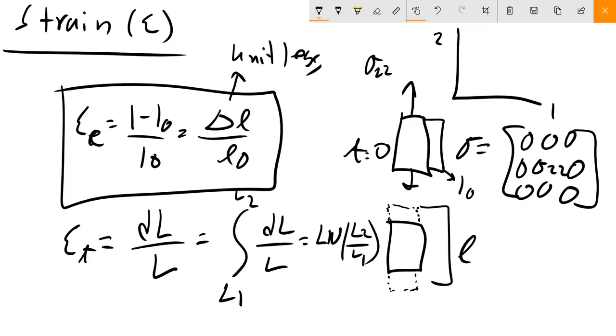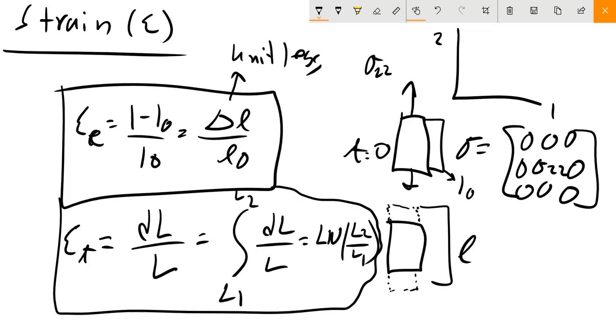But we're not going to deal too much with true strain in this course. If you take another mechanics course, true strain does exist. But we are going to focus on this one right here. That is your strain definition for a normal stress.